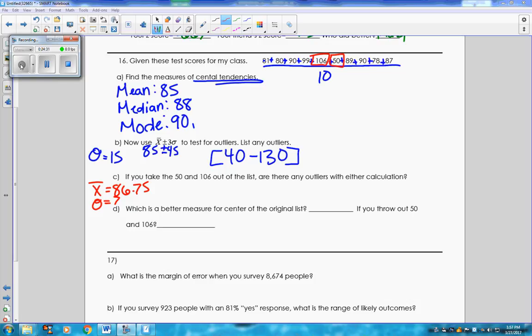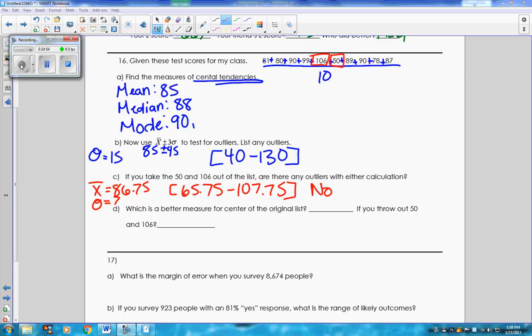My interval now changes to 65.75 to 107.75. Now, if we look back at our test scores, we notice that none of our tests go below or above this range. So the answer to C would be no.